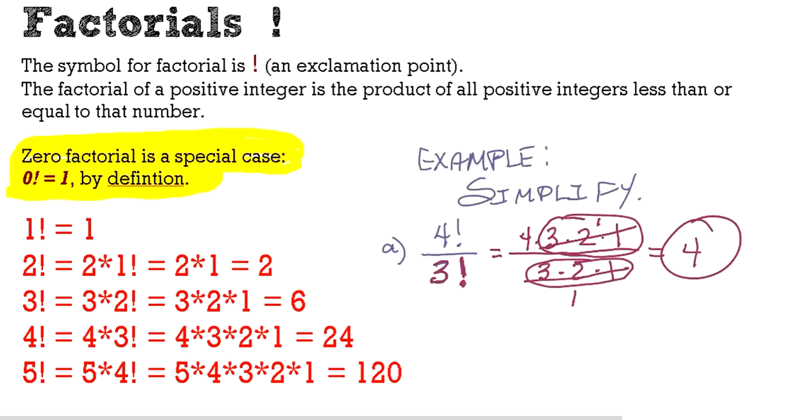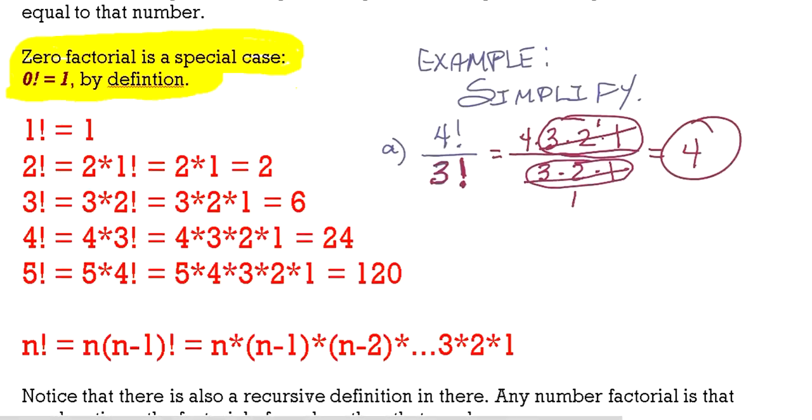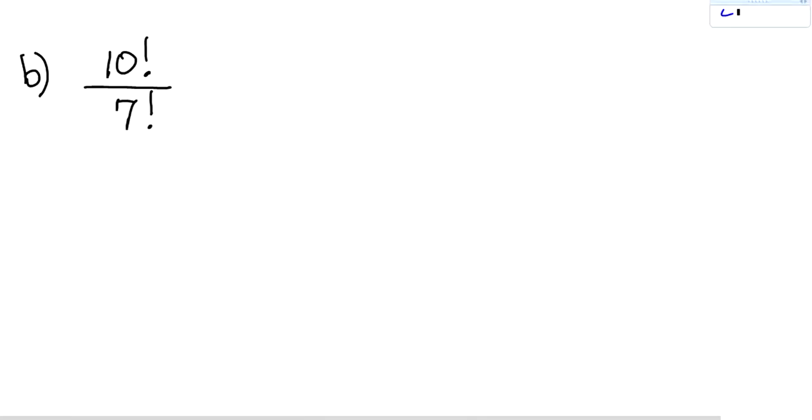All right, so what if it wasn't 4? Let's see, what would we do? Let's have example B. So we have 10 factorial divided by 7 factorial. Let's have a closer look. Now, 7 factorial is just 7 times 6 times 5 times 4. You don't have to write it all out.